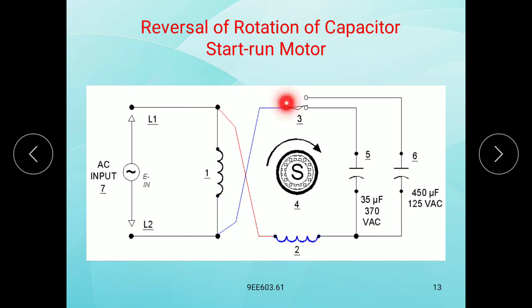Generally this is connected to this one and this is connected to this one. Here they are changed, this connection is removed and connected to this one, and this connection is connected to this one. Then the direction of rotation will be changed. The rotor rotates in the opposite direction.